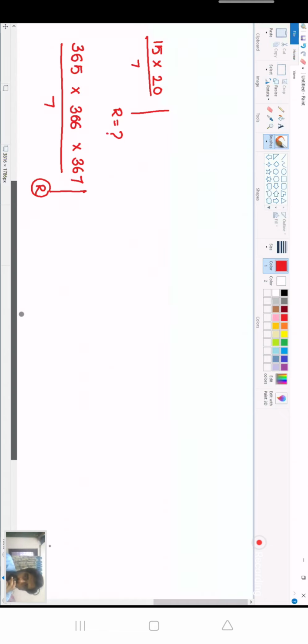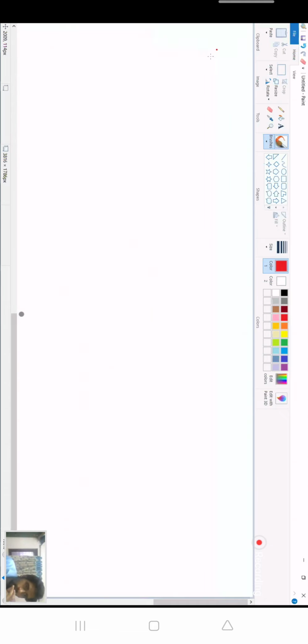Just now we discussed that if 15 divided by 7 is the question, the remainder is 1.